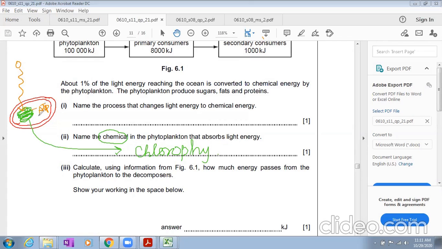That ATP and NADPH will be utilized for the fixation of carbon dioxide to convert it into glucose. For your level, just keep in mind that sunlight is converted into chemical energy, and that chemical energy converts carbon dioxide into glucose.